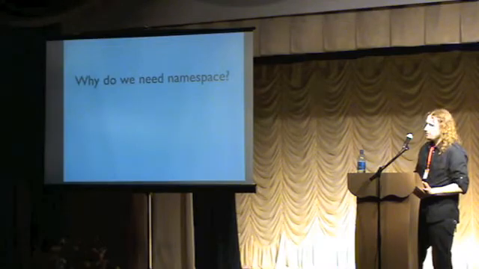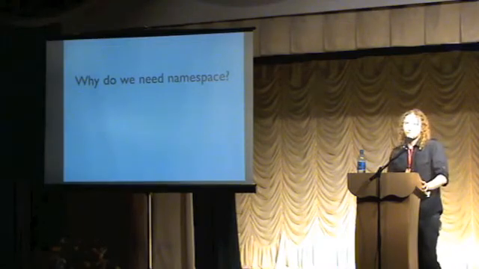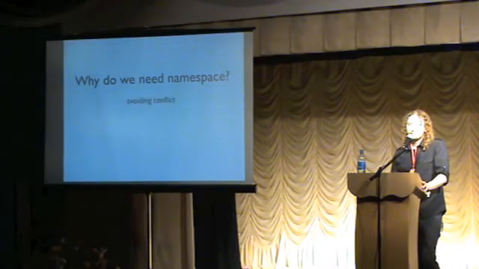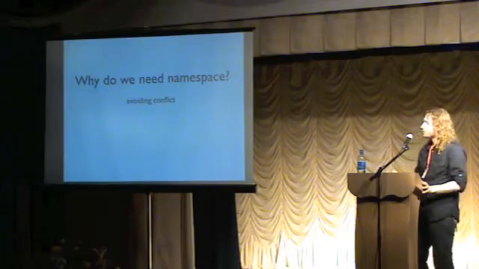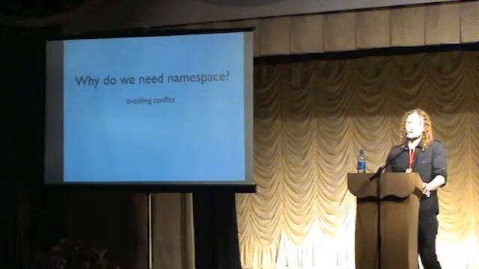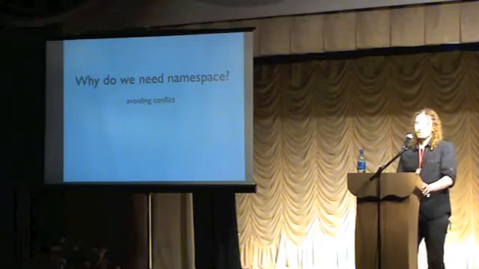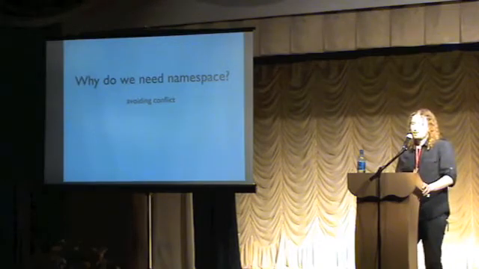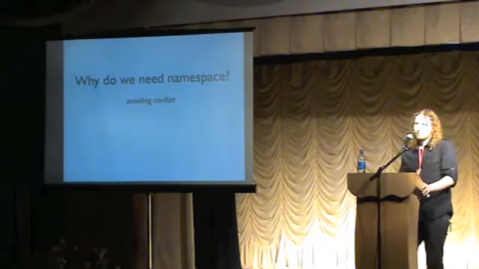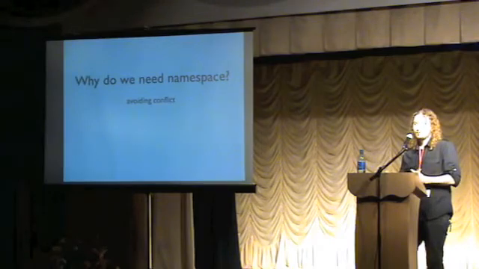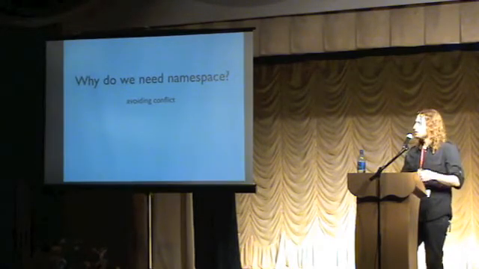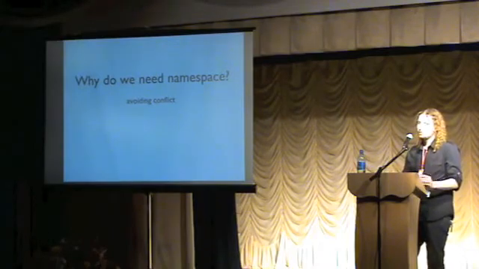We need a namespace for two crucial things. The first thing is conflicts. If you have two Comment models, for example, in the application and in the engine, you will have two classes with the same name, so you will have conflicts and probably some weird errors.